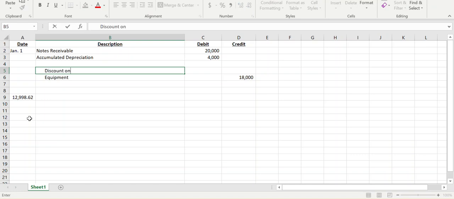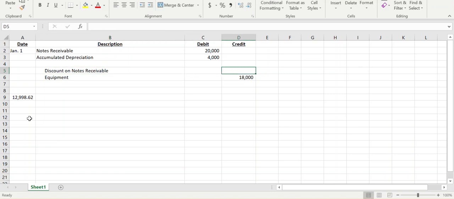So we have our discount on notes receivable, and that is going to be the difference between the $20,000 face value and that present value of the $20,000 note. So we have $7,001.38 as a discount on the note.